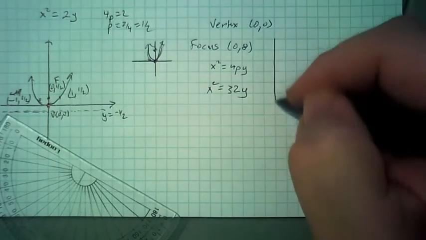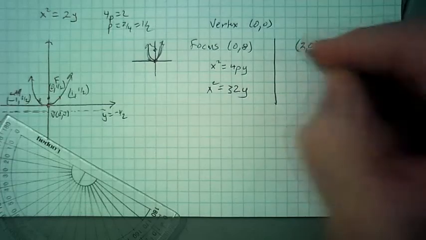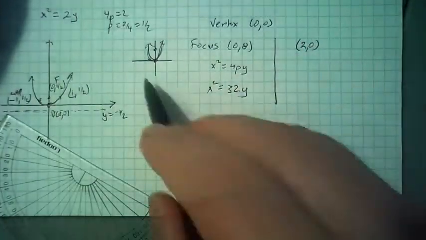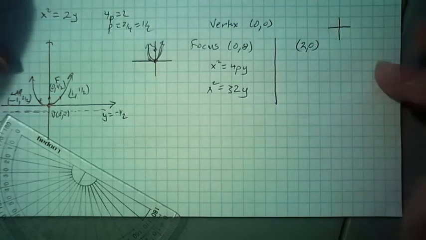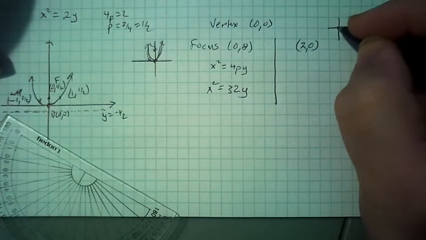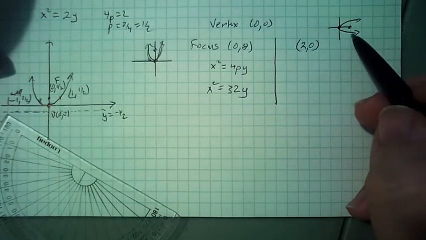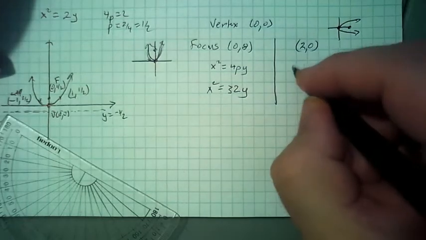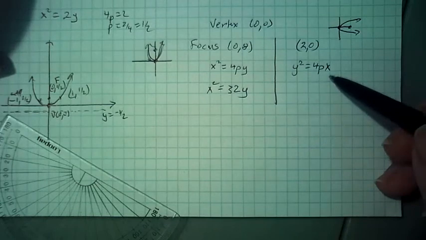Let's do another example where the focus is at 2, 0. Now if the focus is at 2, 0, that's to the right. Well, I'll draw it again. So my vertex is at 0, 0, my focus is at 2, 0. That's opening to the right, which means the y is what's squared. Y squared equals 4px.